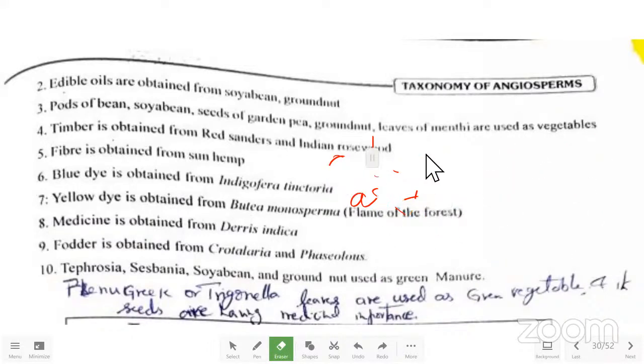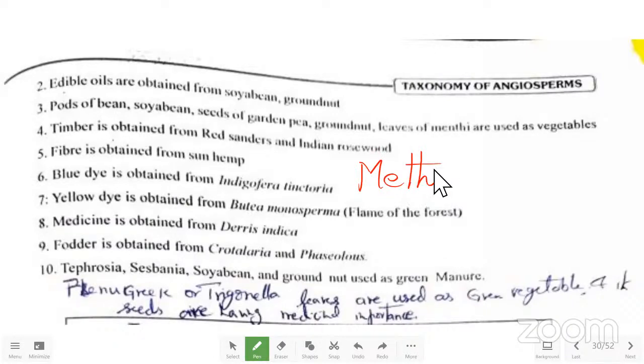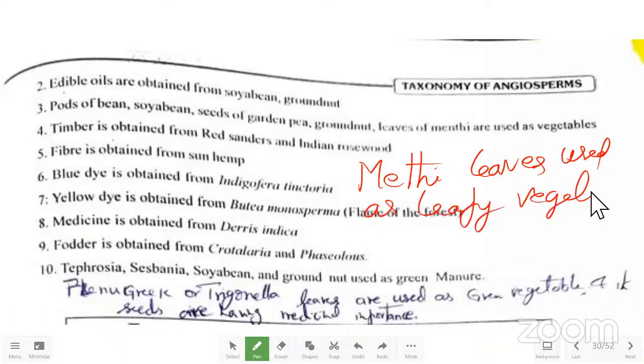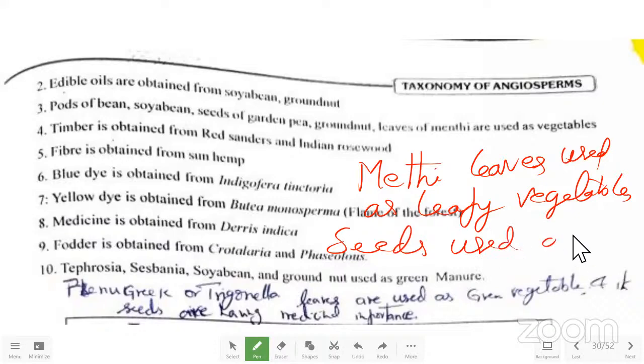We know methi leaves are used as a leafy vegetable, and the seeds of the same plant are used for making spices. And this plant completely has medicinal values in it.